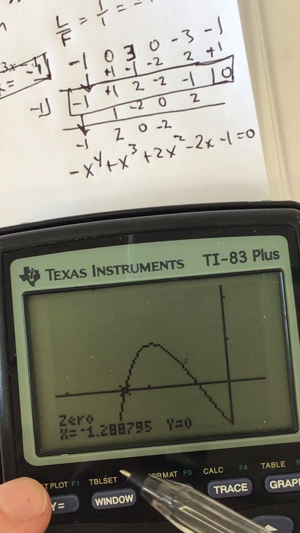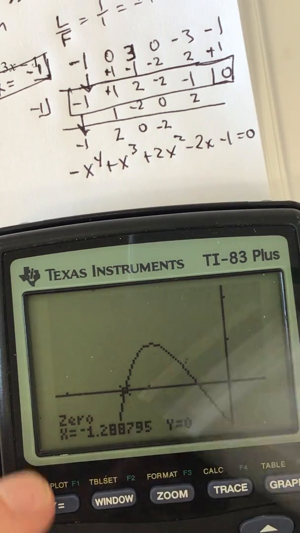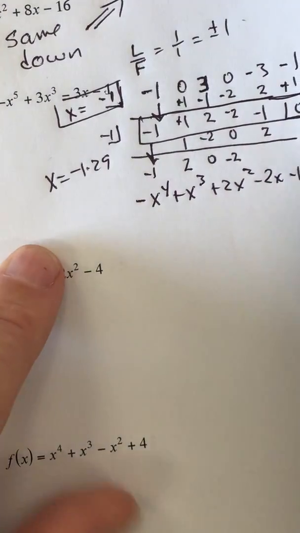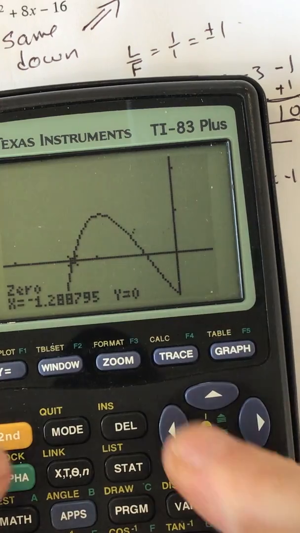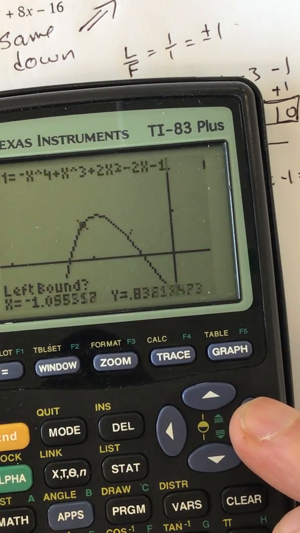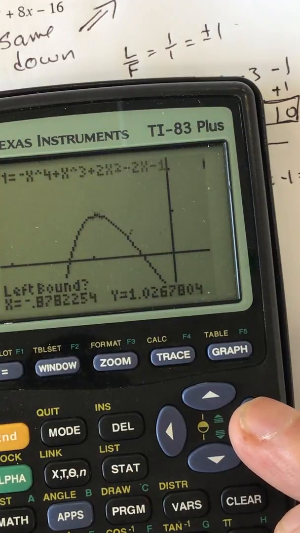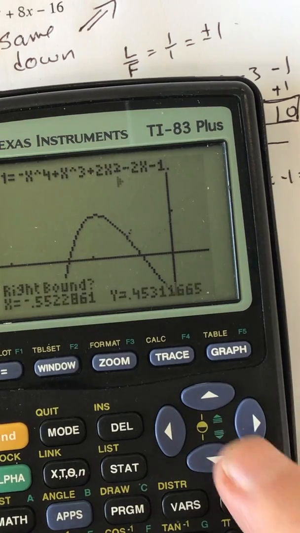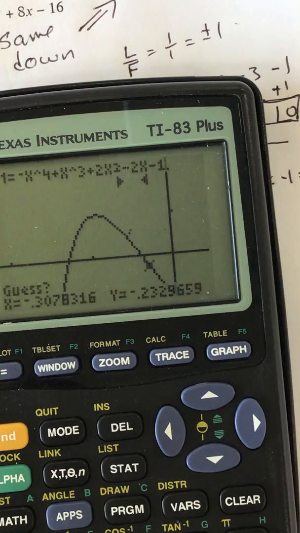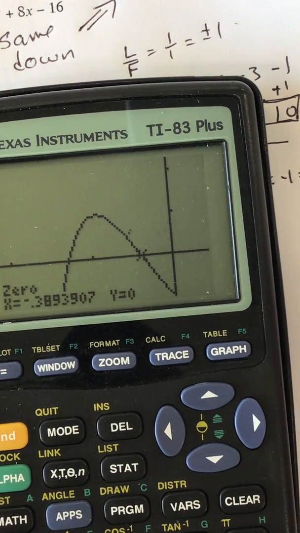So that one was at negative 1.29. Okay, and this one over here is at negative 0.39.